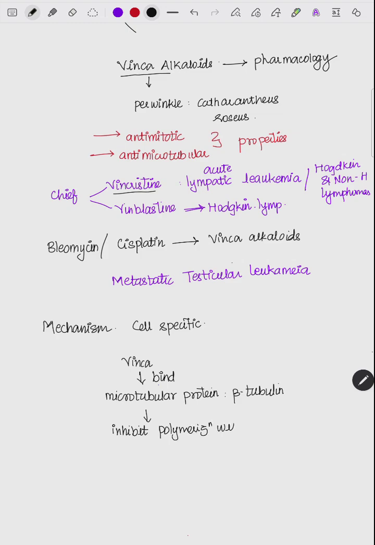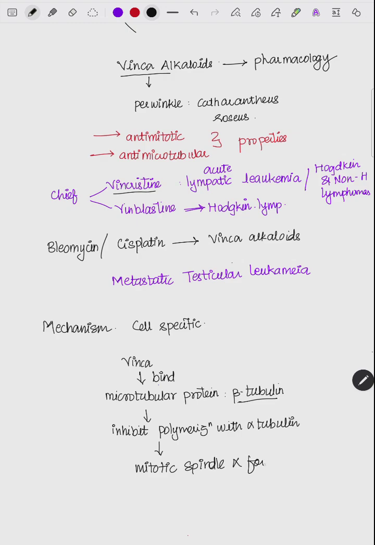with alpha tubulin. They go to the microtubular protein, specifically the beta tubulin, which inhibits the polymerization with alpha tubulin, due to which the mitotic spindle is not formed.